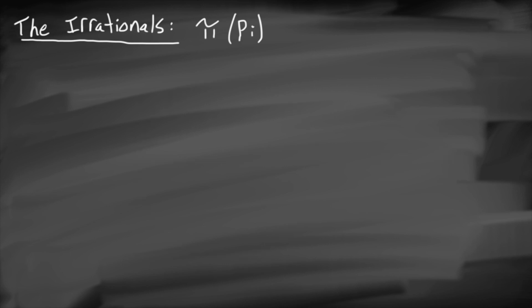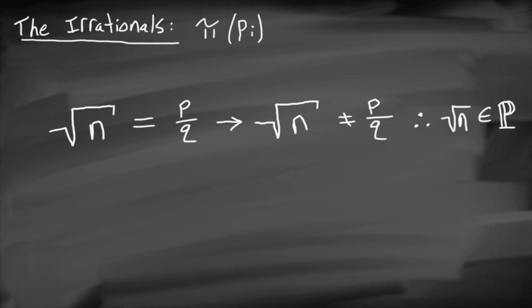In the last video, we said that the square root of an integer n, which is not a perfect square, is irrational only because it cannot be written as the ratio square root of n equals p over q. This gave us the square root of n is not equal to p over q, therefore the square root of n belongs to the irrational numbers.